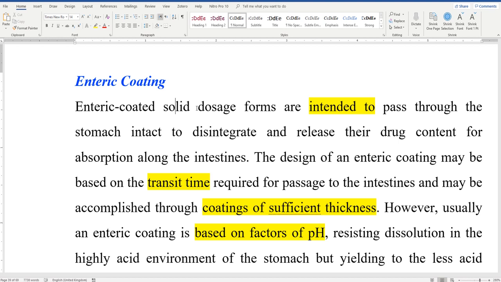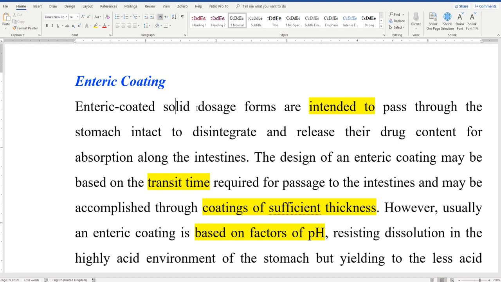But there is sufficient thickness that it will take some time before this coating dissolves. By that time, the tablet will be already in the intestine. You heard about stomach emptying time. For example, when you eat food, how long will it take for the food to get to the intestine? Maybe 2 hours, maybe 3 hours, right?